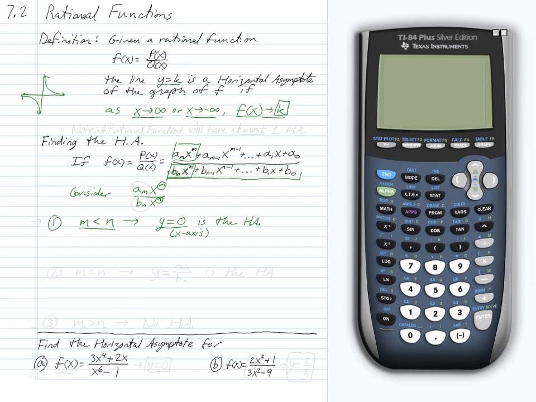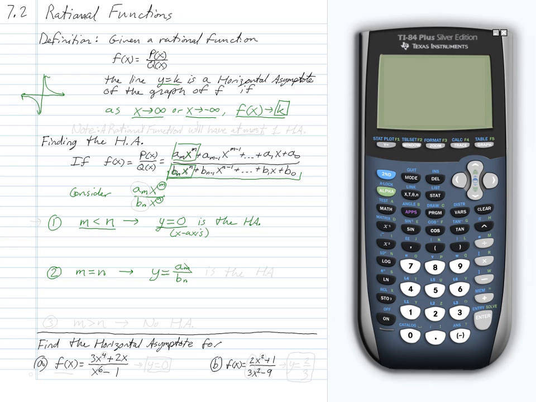Now, if the degrees are equal, if m equals n, if the degree of the numerator and the degree of the denominator are identical, then we need to do a little bit more work. Then we would take those coefficients and we would say our horizontal asymptote is going to be at a sub m over b sub n.